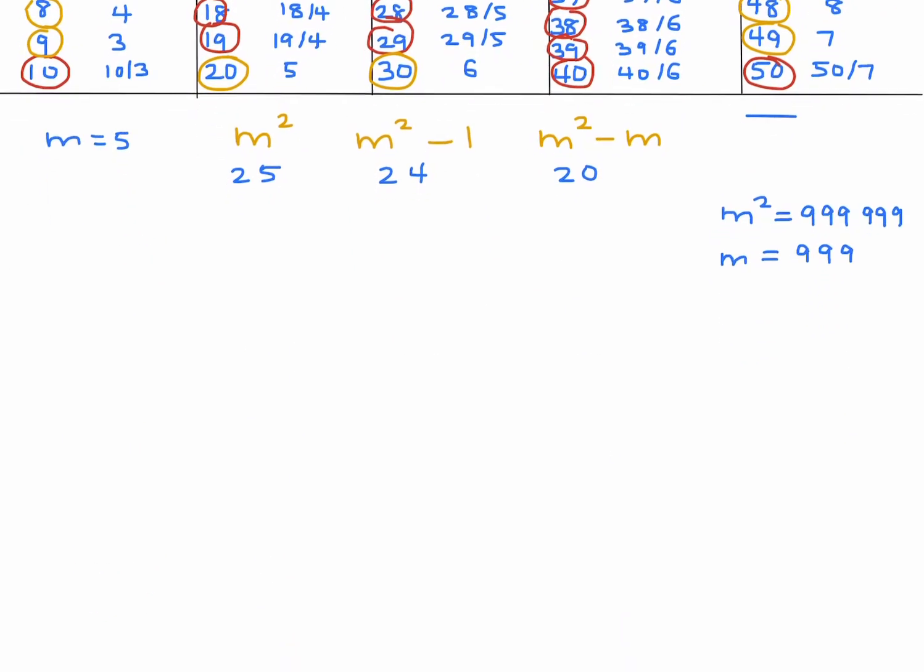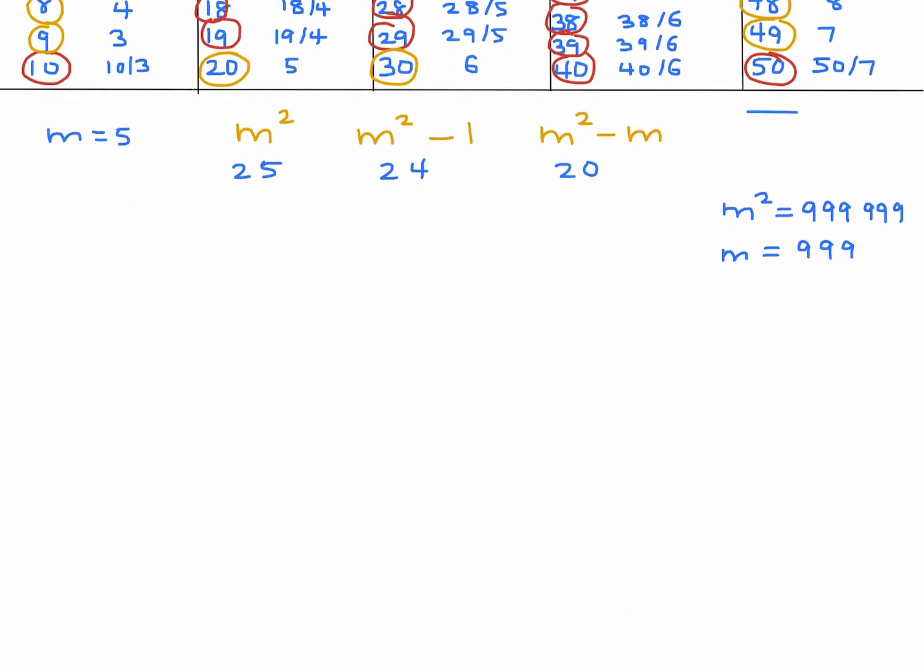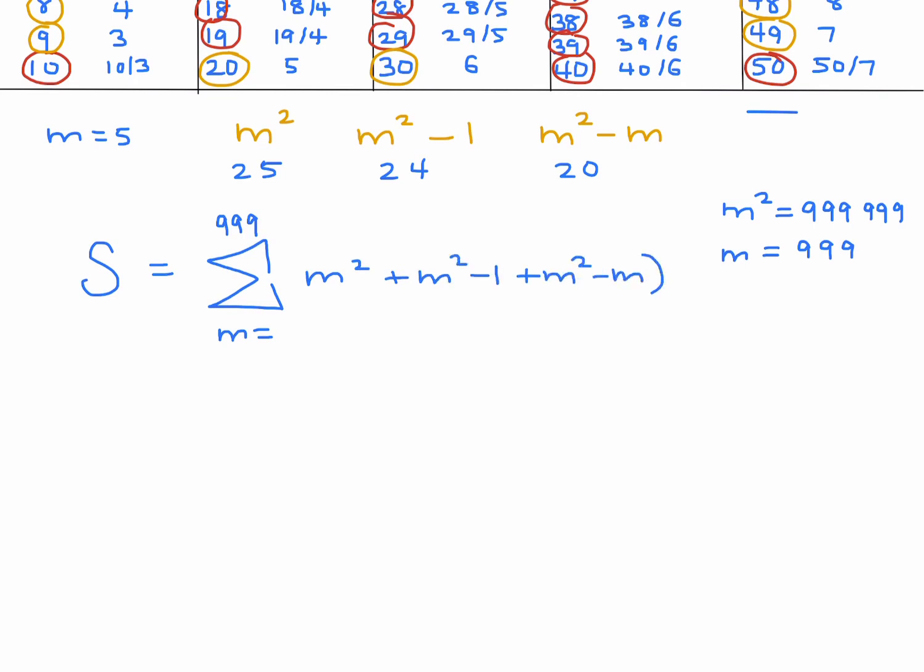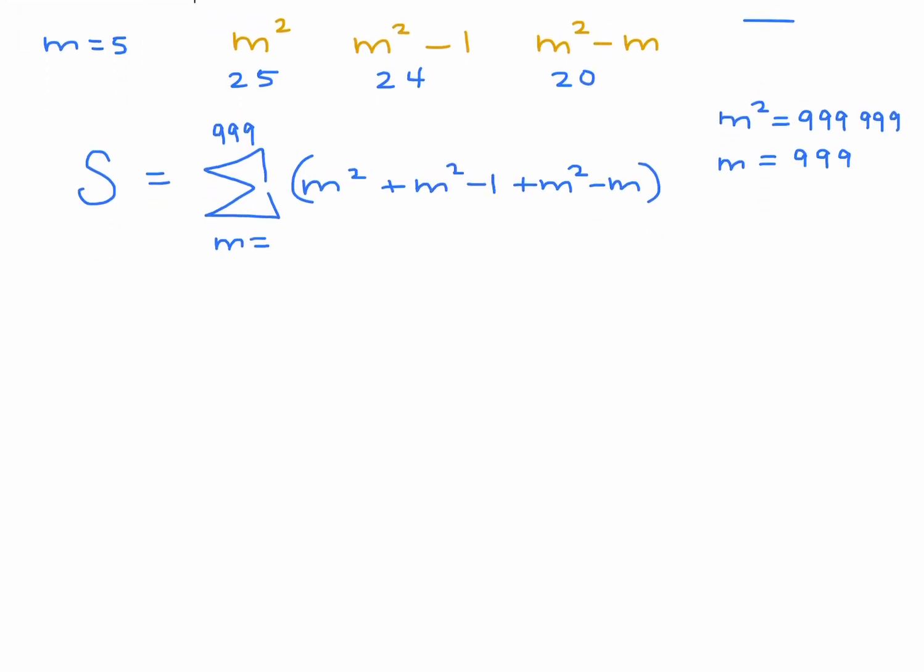All right. So that means my sum, S, is basically all the sums from m going from 1 to 999 of these three guys: m squared plus m squared minus 1 plus m squared minus m. And that's it. So if I can figure out that, I'll be in business.